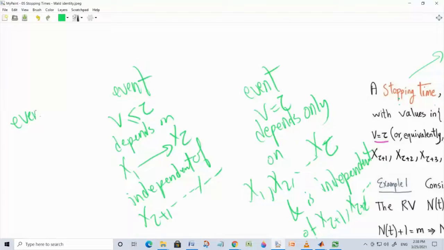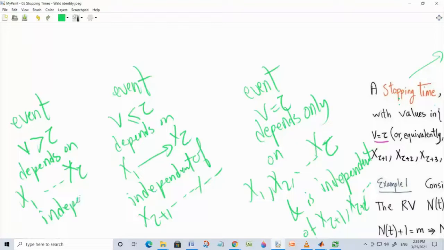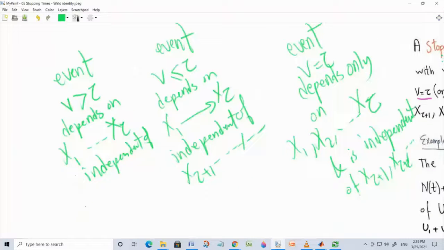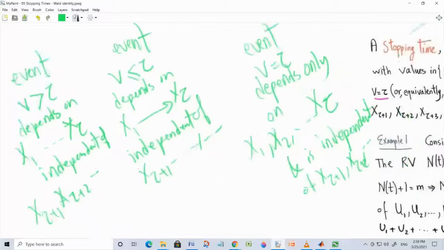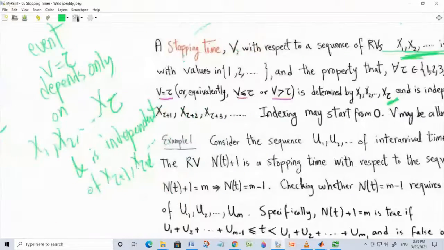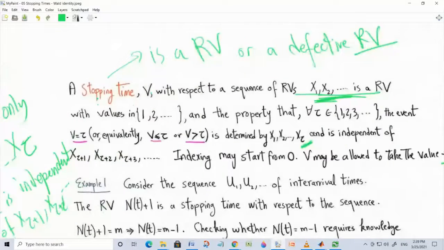You can prove this equivalence, but you can take it for granted. The event V strictly greater than tau also depends on x1 to x of tau and is independent of x of tau plus 1, x of tau plus 2, and so on. Depending on convenience, you can study any of those events.